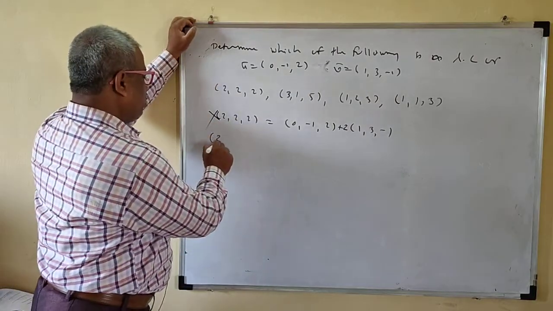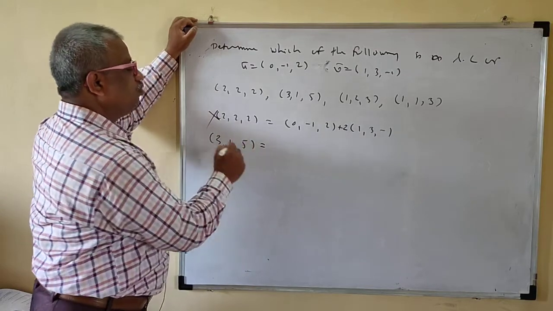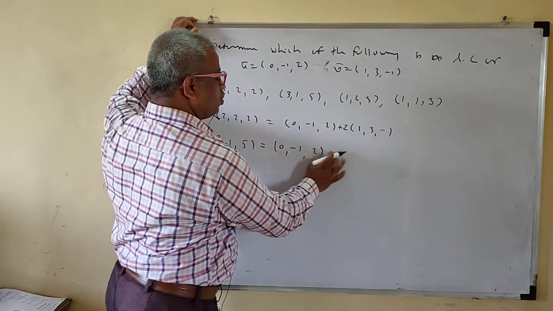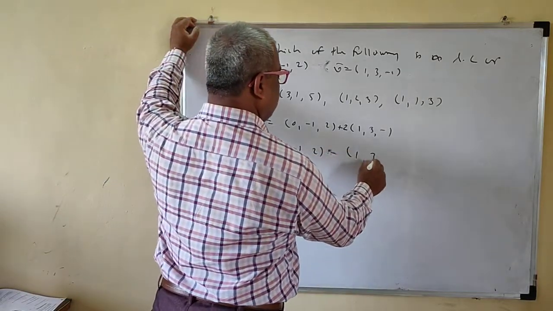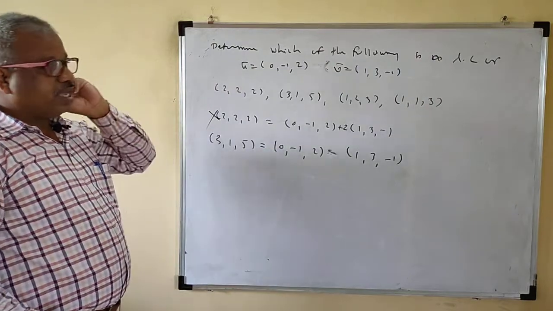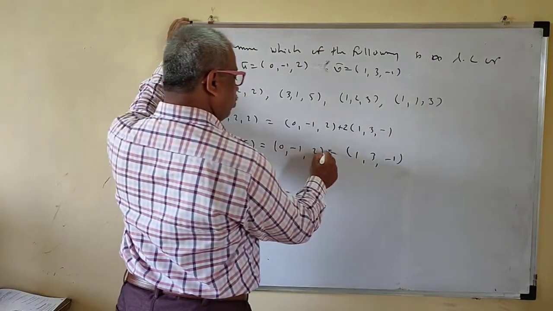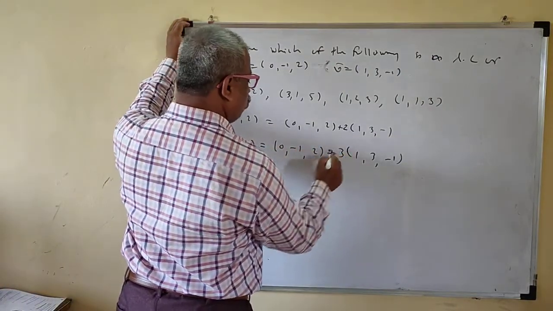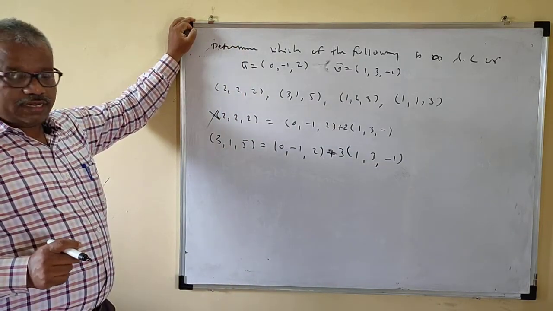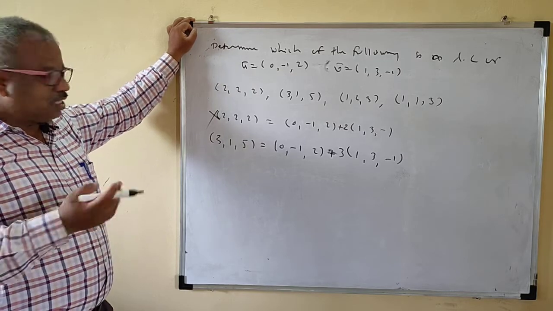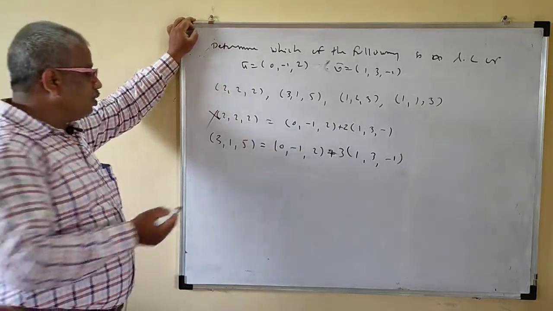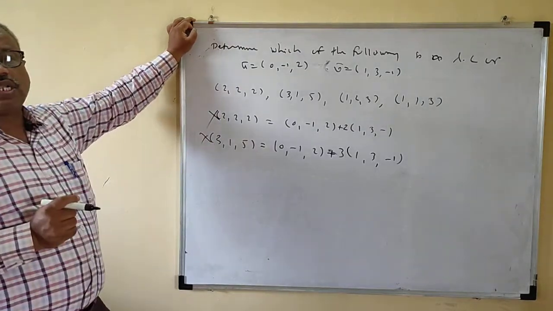Okay, for (3, 1, 5): 0, -1, 2, plus or minus whatever this, 1, 3, -1. Because of the 0 here, this should be the 3. You get the first component, but you don't get the second component. So (3, 1, 5) is also not in this.